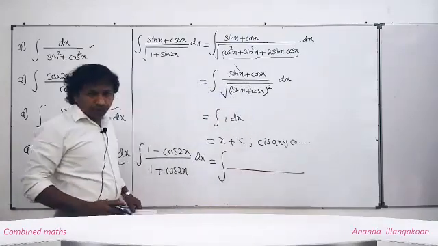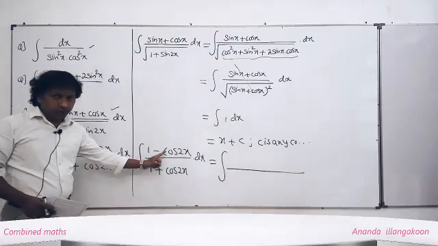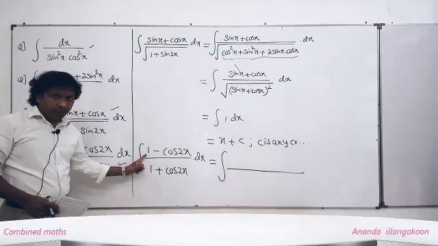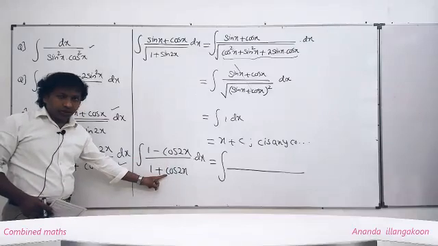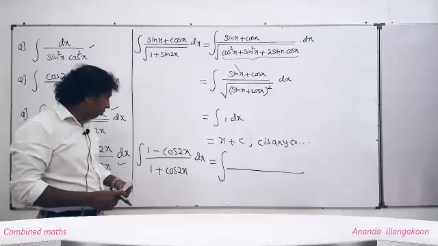Right, now write down this cos 2x. To cancel down this 1, we write 1 minus 2 sin squared x, and this 1 plus cos 2x we write as 2 cos squared x minus 1, right?